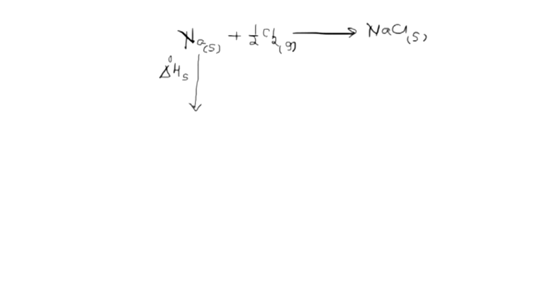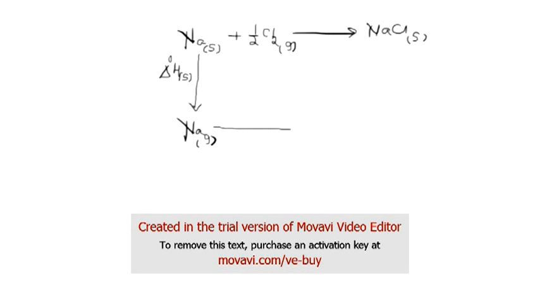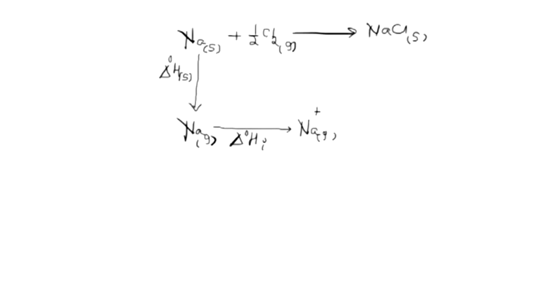Now we have Na solid undergoing sublimation to form sodium gas. The energy involved here is enthalpy of sublimation. This will lose an electron to form sodium ion, and this is the enthalpy of ionization.